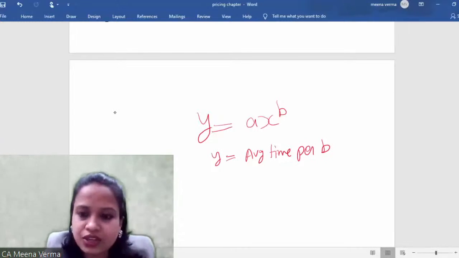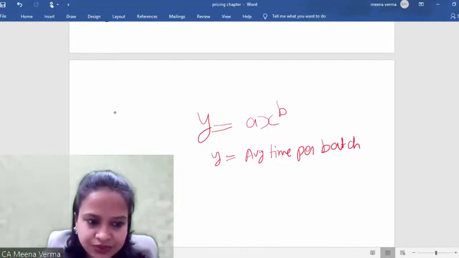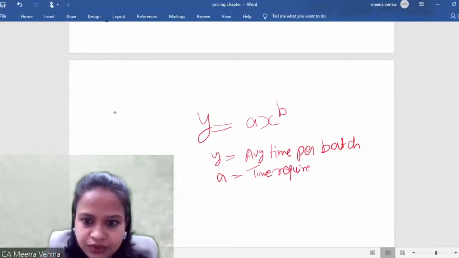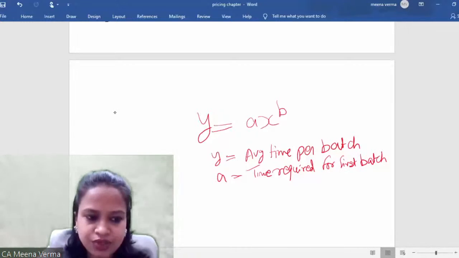Labor is learning on a unit-wise basis, per batch. A is what? A is the time required for the first batch.